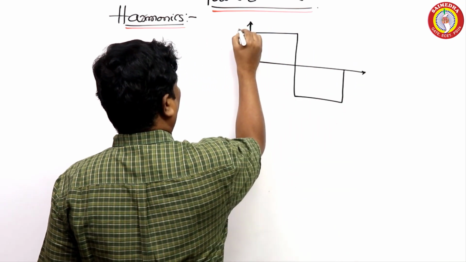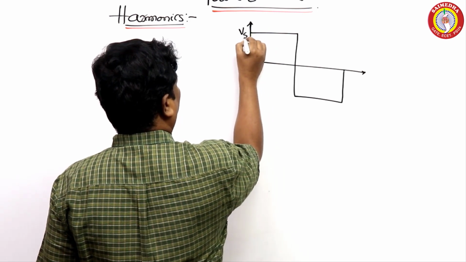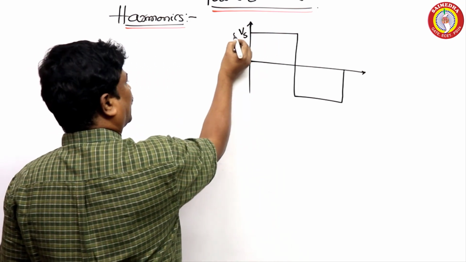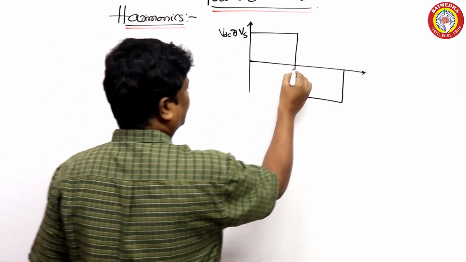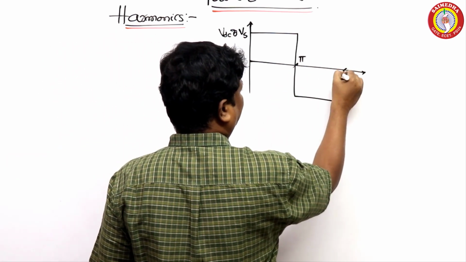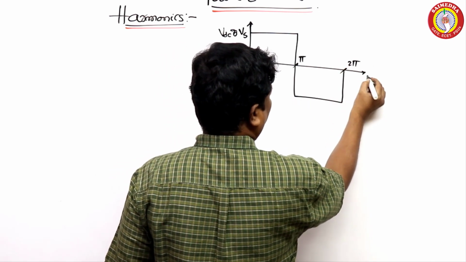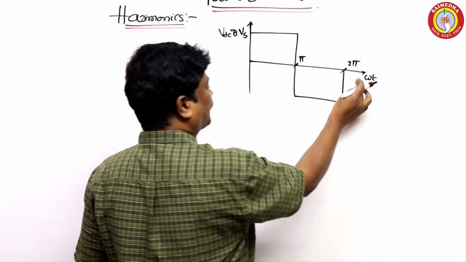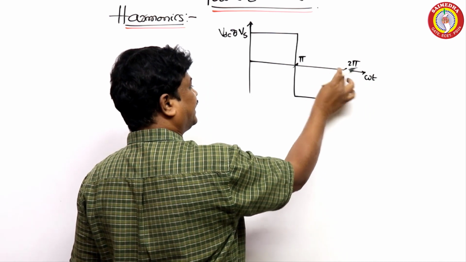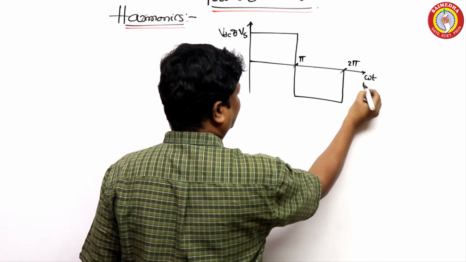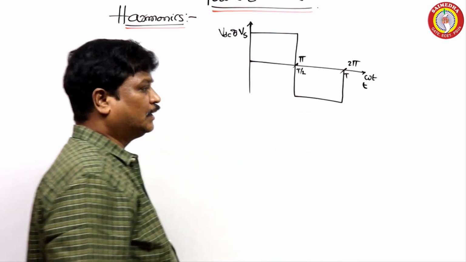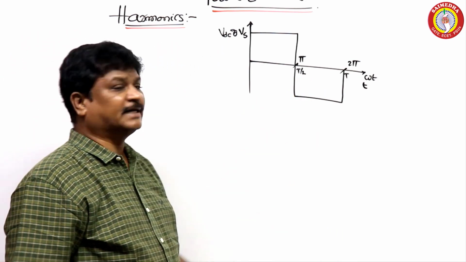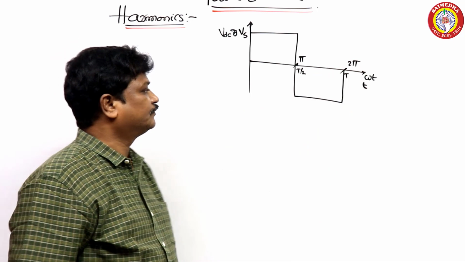Many times in our discussion we will get this one, Vs or VDC, something I am writing number of times. This is the period of pi, this is the period of 2 pi, this is omega t. If you are representing t here, this is T, this one is T by 2. Instead of 2 pi, you can take that in terms of omega.